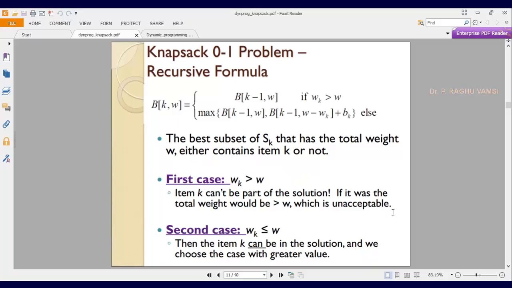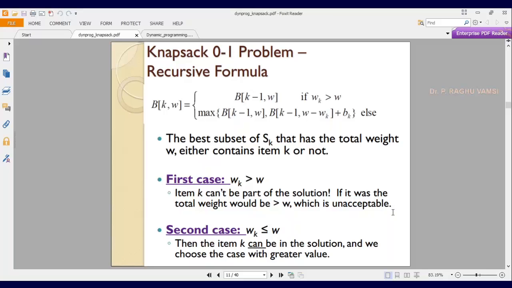The first case is: b of k comma w is equal to b of k minus 1 comma w if wk is greater than w. Otherwise, the maximum of b of k minus 1 comma w, and b of k minus 1 comma w minus wk plus bk, that is the benefit of k. Otherwise, the best subset of Sk that has total weight w either contains item k or not.